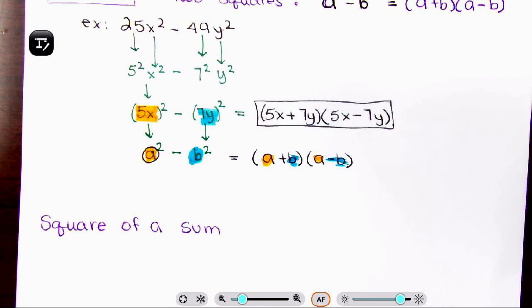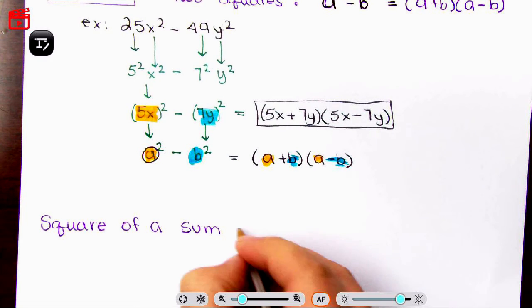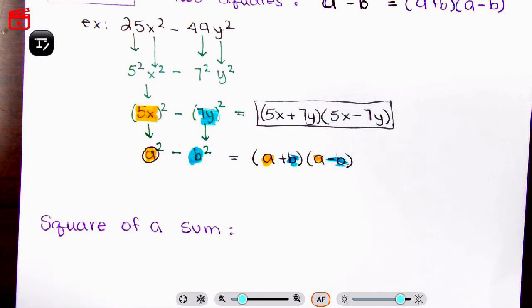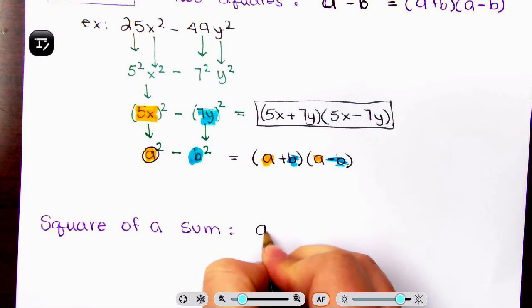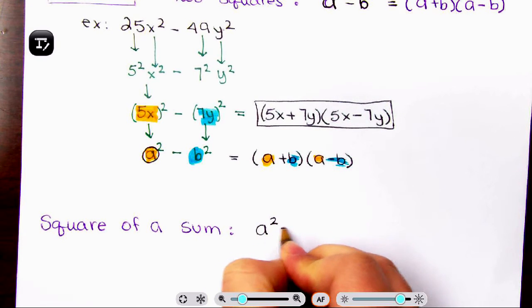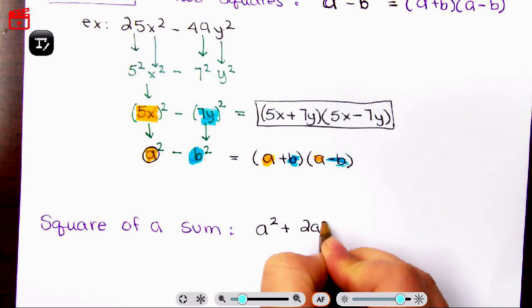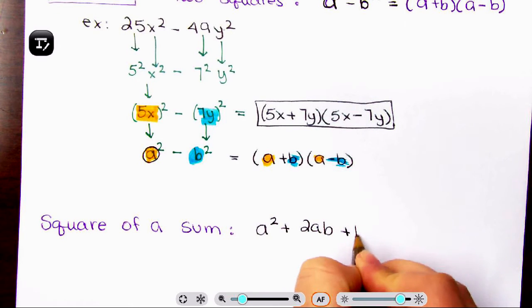A square of a sum is when you see something that looks like a squared plus 2ab plus b squared.